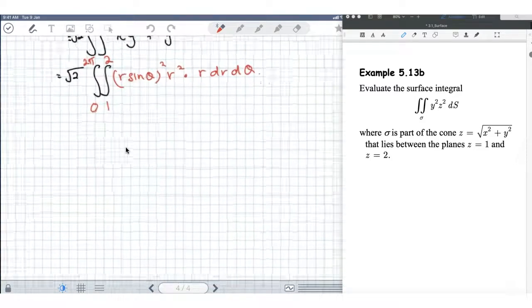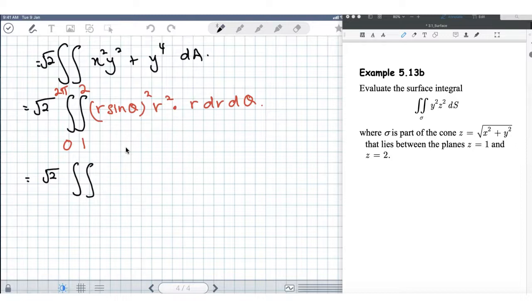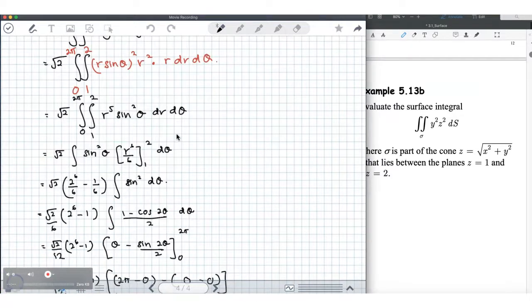Okay, now it's time for us to evaluate them. I have to simplify first. So we have r to the fourth, r to the fifth, r to the fifth sine squared theta dr d theta, theta from 0 to 2 pi and r from 1 to 2.